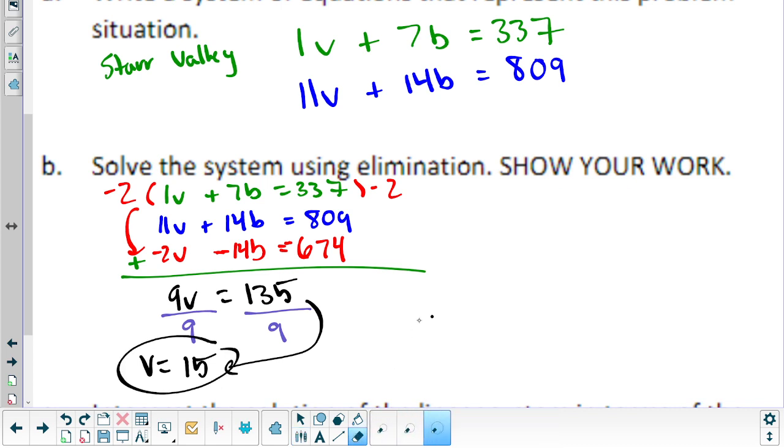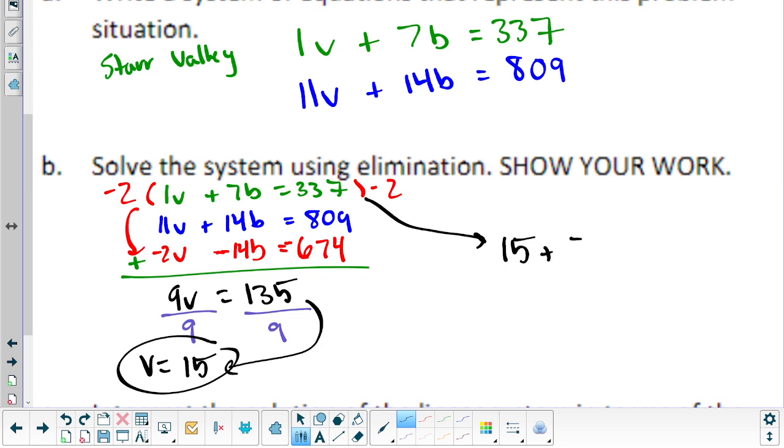So now I just need to figure out how much each bus carries, and I do that by taking one of my equations. I think the top one's simplest, the Star Valley, except now I know that a van can take 15. So in this top equation, I know that 1 van is just 15. Since I had 1v before, I just have 15 students, plus 7 buses equals 337, and now I have to solve for b.